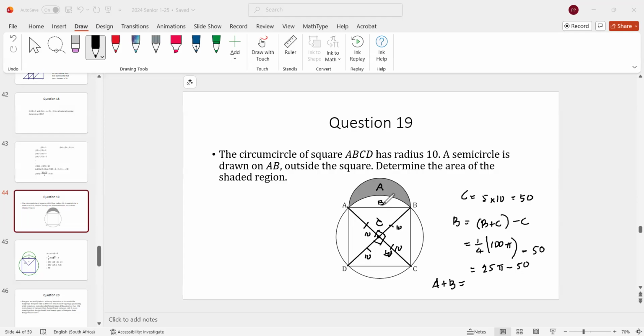Suppose AB is d, it's the diameter of the circle. So A plus B is really half of the full circle. And the full circle has got area pi r squared, and r is d over 2 because I'm calling this d the diameter.